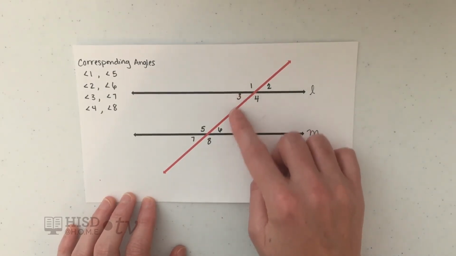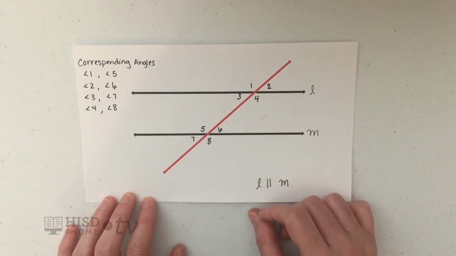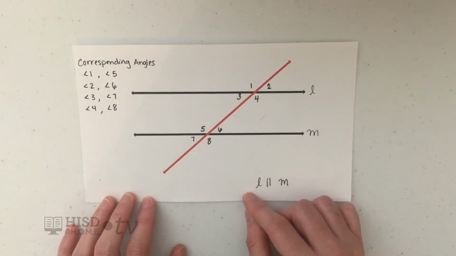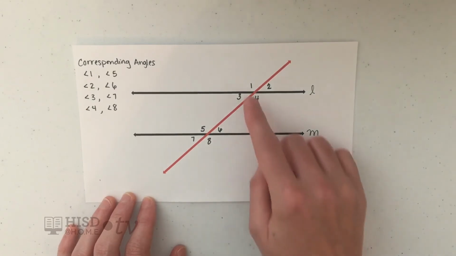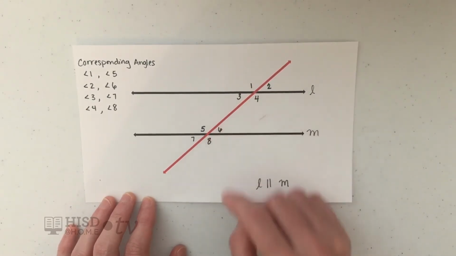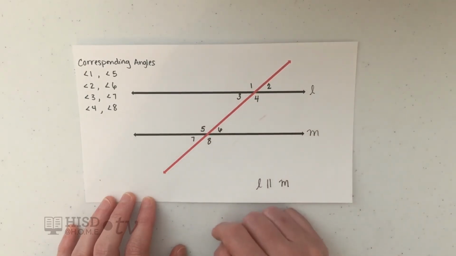Take a look at 3 and 6. Do they look like they are congruent? If you thought they did, you are correct. Our alternate interior angles are also congruent. So angle 3 is equal to angle 6, and angle 4 is equal to angle 5.